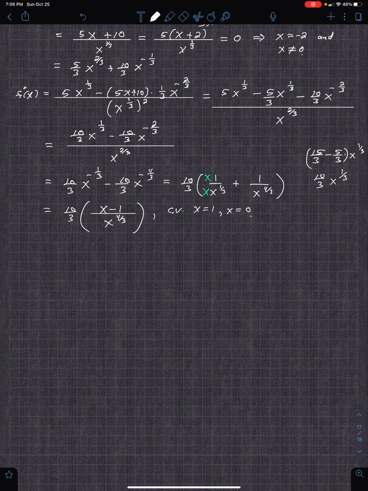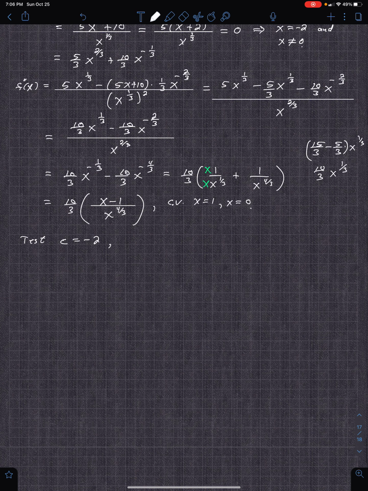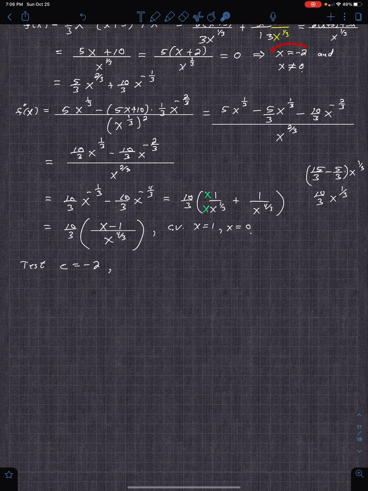Test our critical value equal to -2. That was back here earlier. Because we can, this is one of the things I wanted to show you: where you have f prime is 0, we can use the second derivative test. So this is the second derivative test.